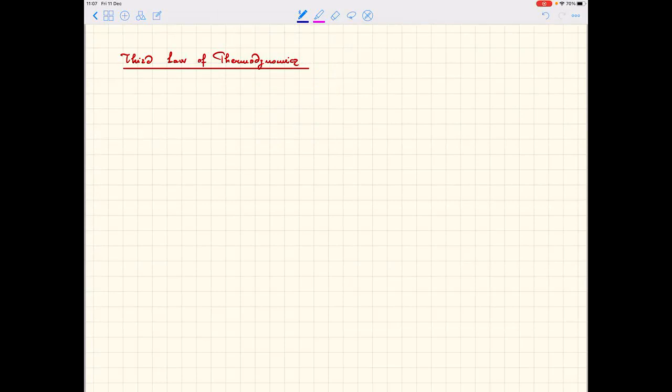And the statement is that the entropy at zero temperature should be equal to zero. Now, when we introduced classical statistical mechanics, strictly speaking, there is no way to see why this statement is correct there. So let me show you how it emerges in a simple way in quantum mechanics.